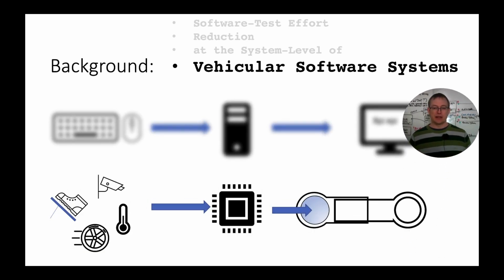If you take a look at vehicular software, on the other hand, we can note that you typically have a lot of different sensors. Some of them are operated by you, so you can still give input, but you also have a lot of other sensors that take the environment into consideration. And the more modern the system, the more demands you have that the system should be able to take actions on this input independently.